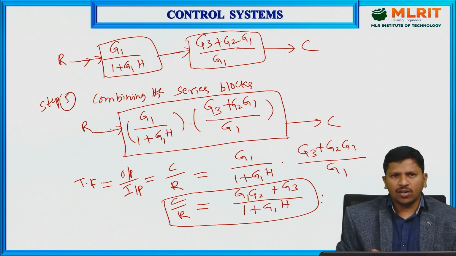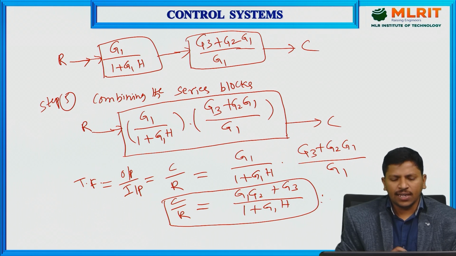This is the transfer function of the given block diagram by using the block diagram reduction rules. These are very important rules when we reduce any block diagram into a single block. That single block is nothing but the transfer function of the given block diagram. We apply whichever rules are suitable for the given block diagram, and finally we get the transfer function.